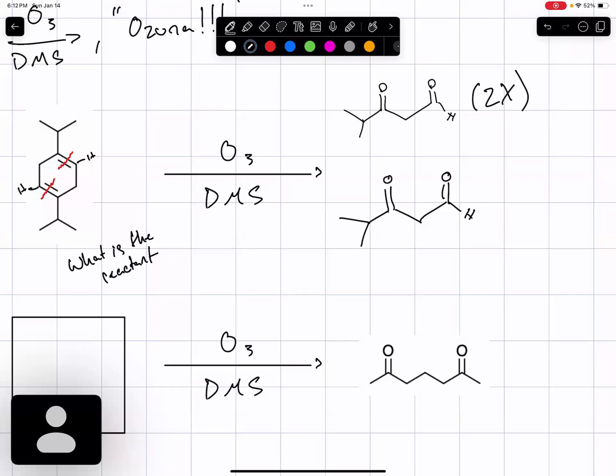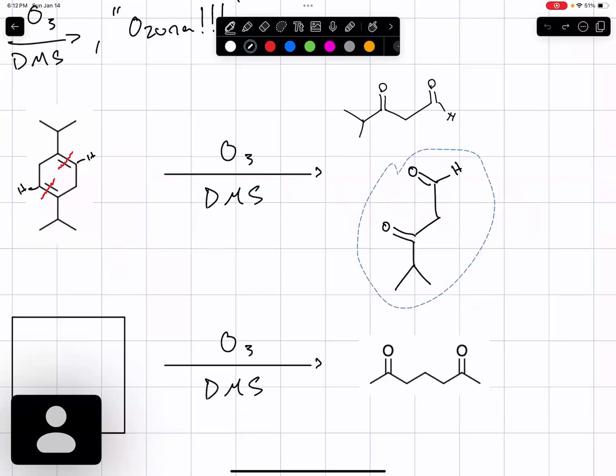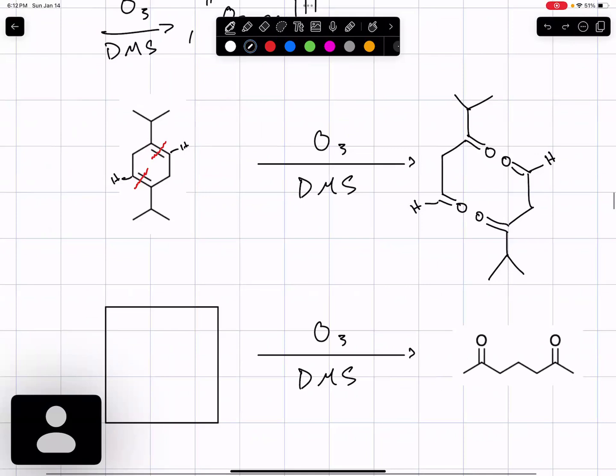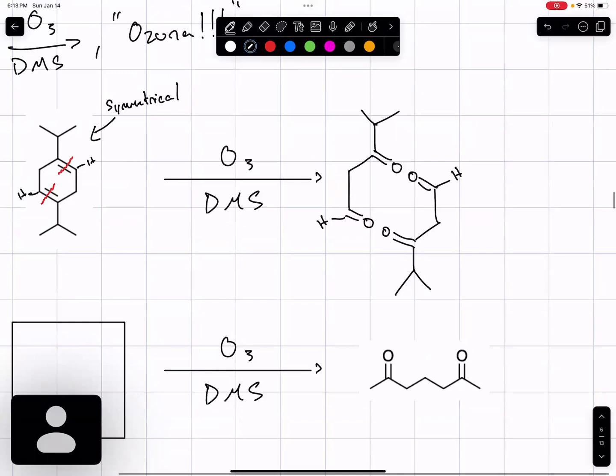And all you have to do is basically align those two, just like we did here. I'm hitting the backspace just so you can see the thought process. You would draw them basically aligned with each other. And you would notice that this compound here is symmetrical. And because it's symmetrical, it produces 2 of the same product.